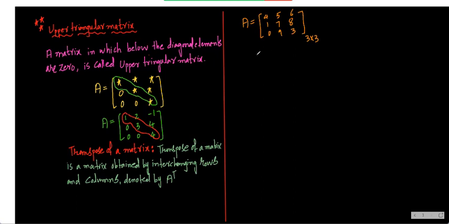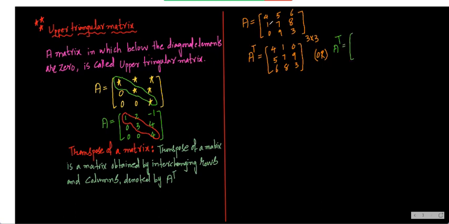Suppose this is matrix A. We are going to find its transpose. According to the definition, we make rows into columns. 4, 5, 6, 1, 7, 8, 0, 9, 3. Or columns we can make into rows; that is also the transpose only.